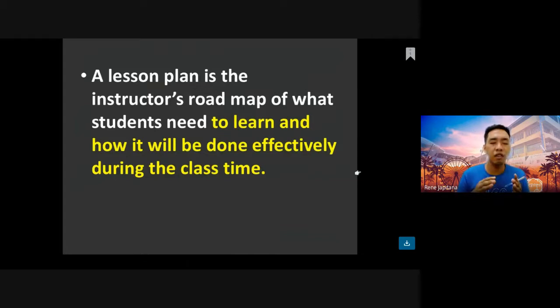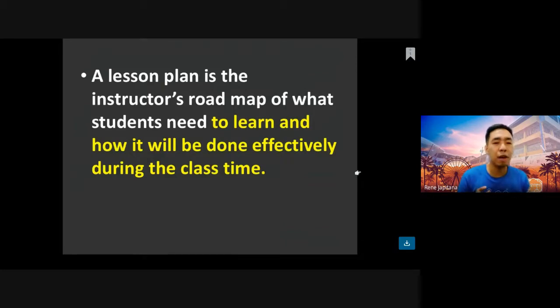That is why it is very impossible that the whole lesson plan must be rigidly followed. It's on the technique, on the skill of the teacher on how to work with it, so that the learning objectives may still be achieved despite those constraints, because it's still a plan.